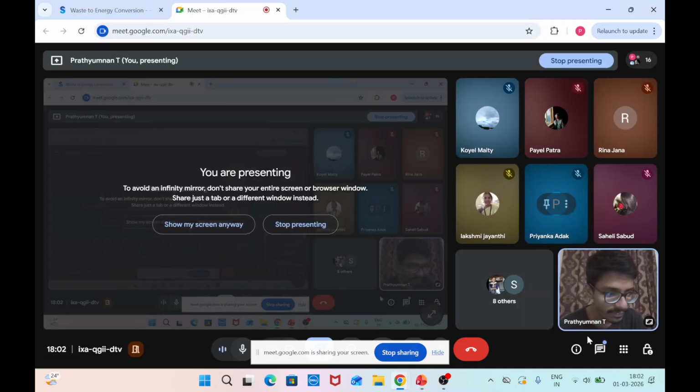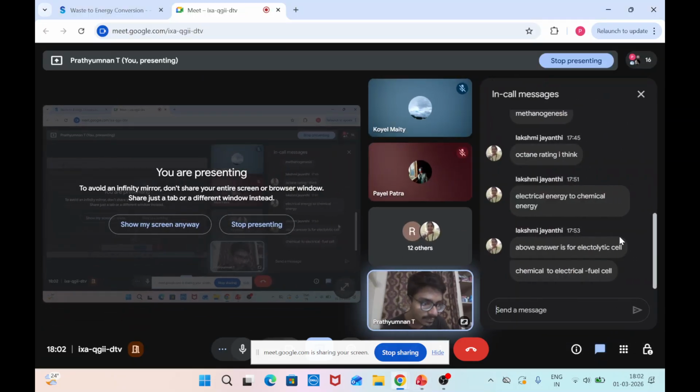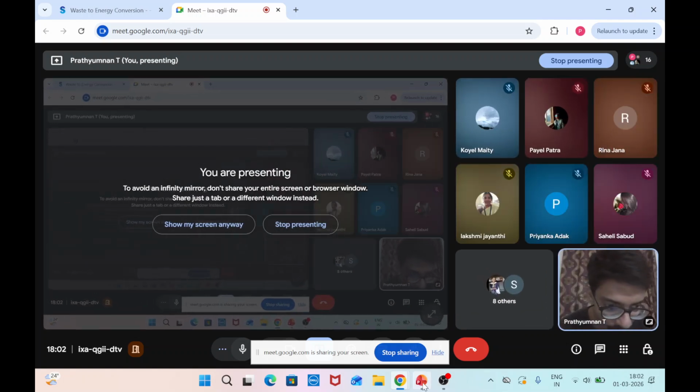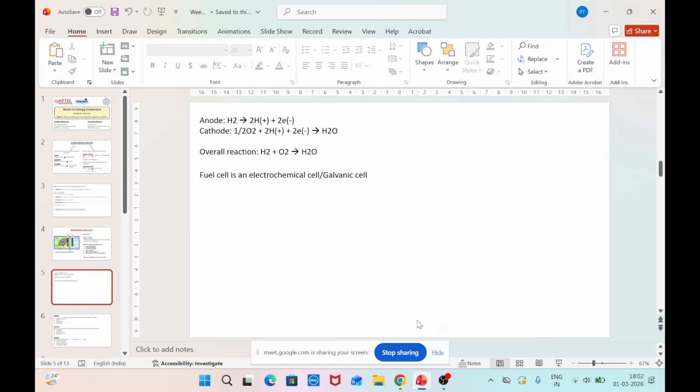Any questions related to hydrogen fuel cells?